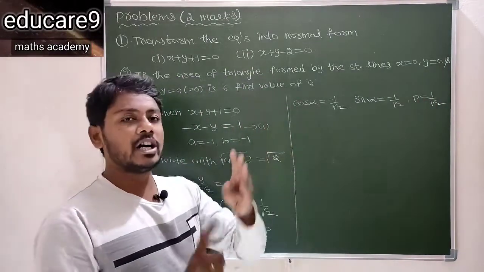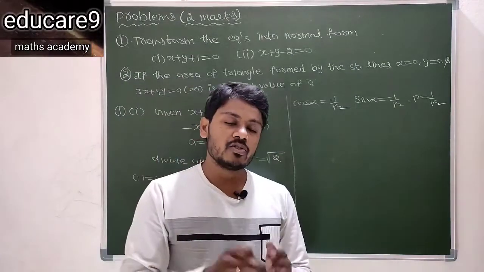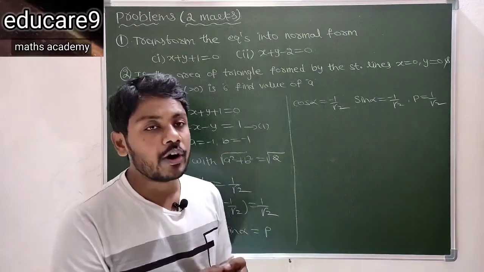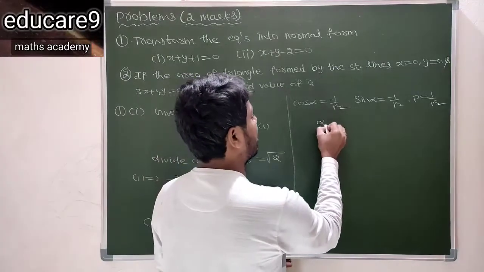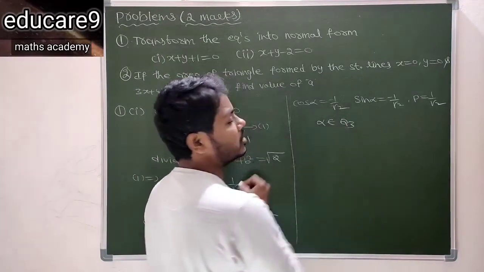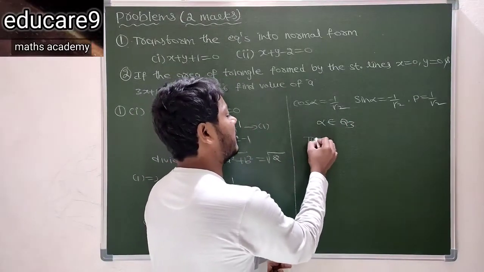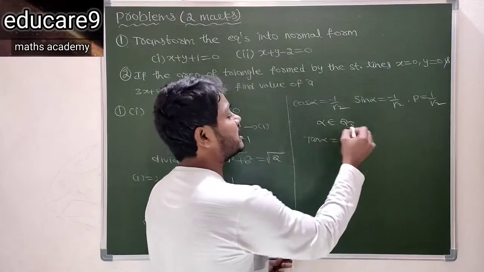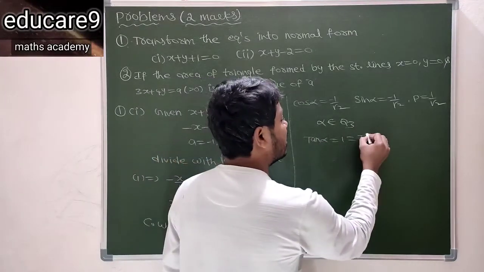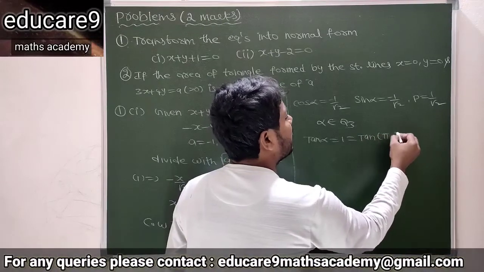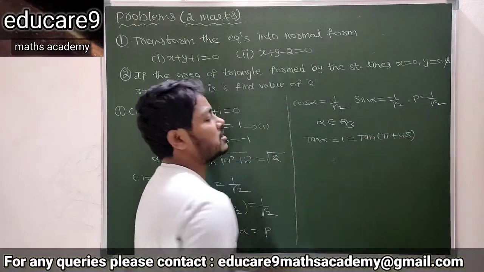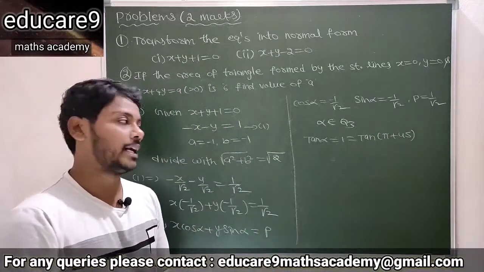Clearly both cos and sin are negative, so alpha lies in the third quadrant. Now, what is tan alpha? It is 1 only. So this 1 can be written as tan of pi plus 45, because alpha lies in the third quadrant.